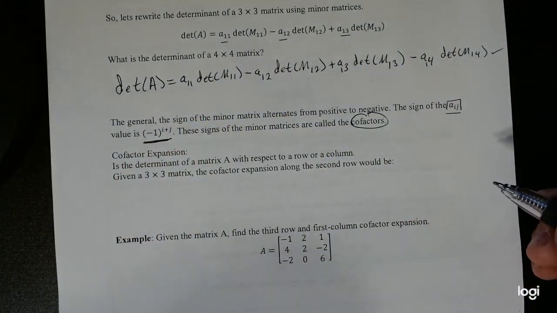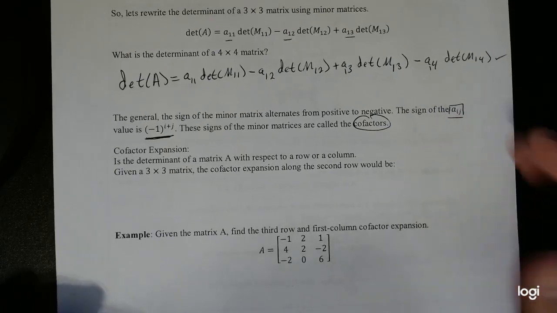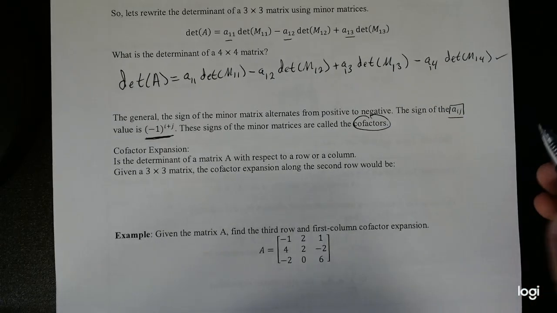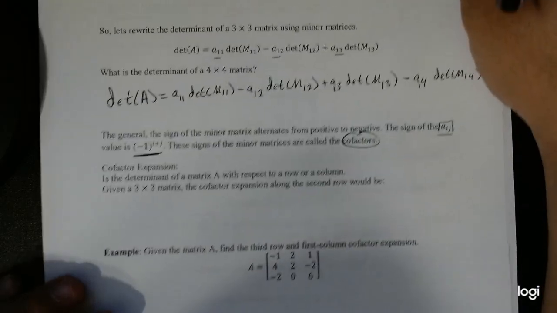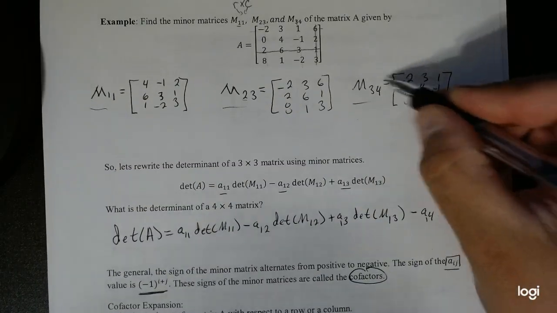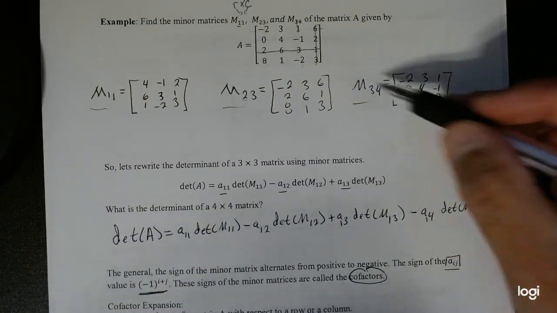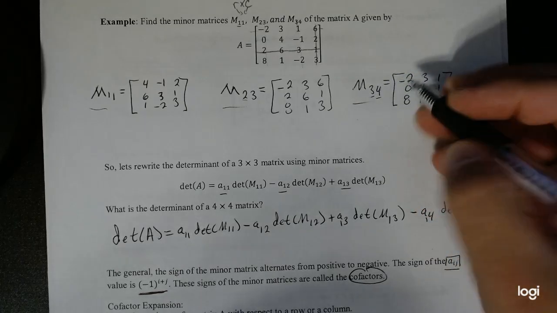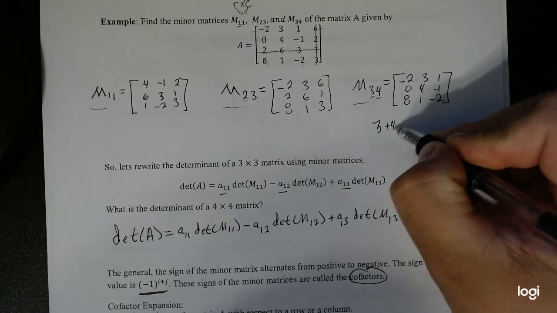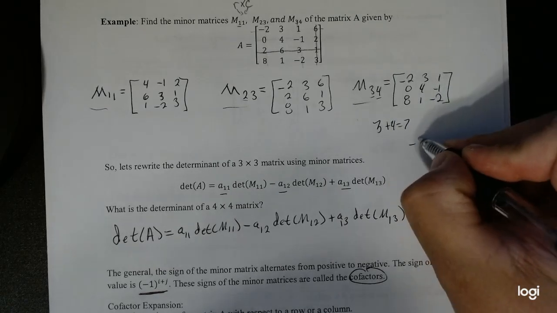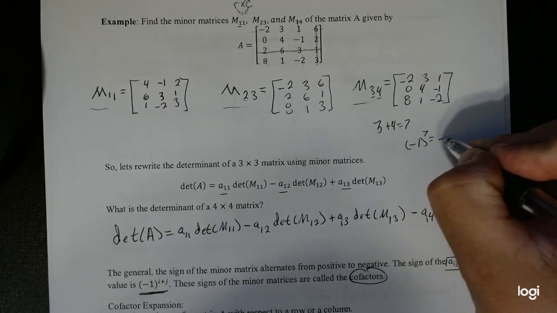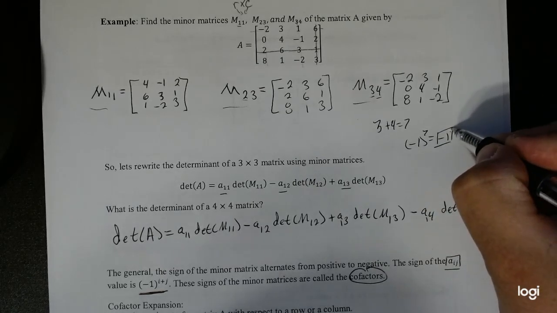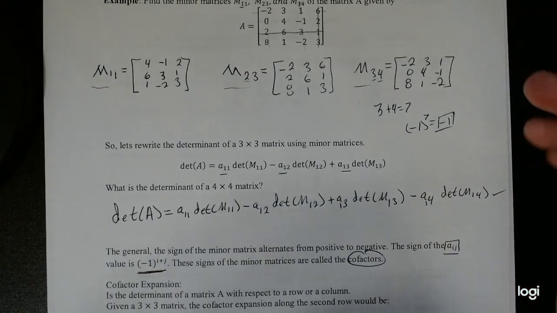So it's -1 to the addition of the two, column and row indices. So for example, if I go up here and I want to figure out what the sign change would be, I would add these two numbers up. So 3 plus 4 equals 7. So -1 to the 7 power is negative. So therefore the cofactor would be negative for this minor matrix.